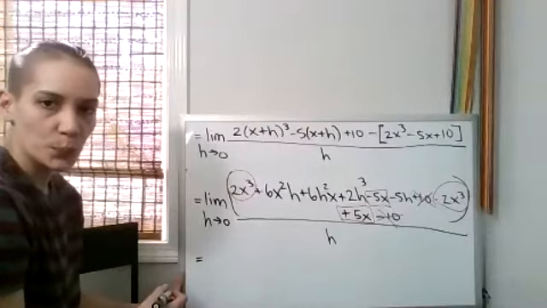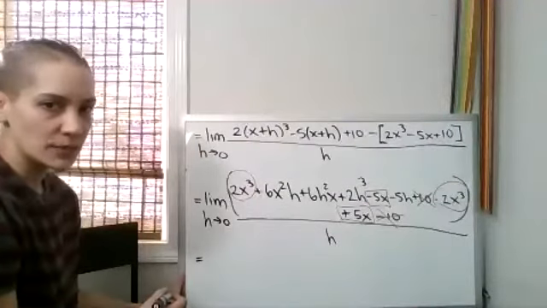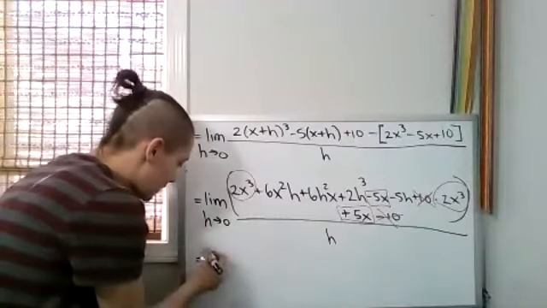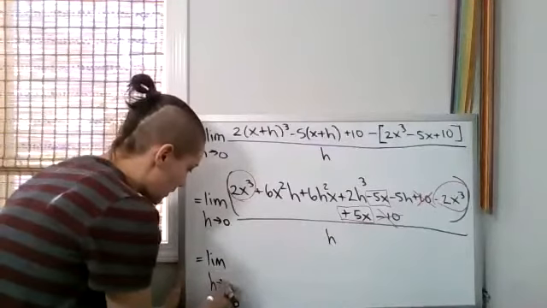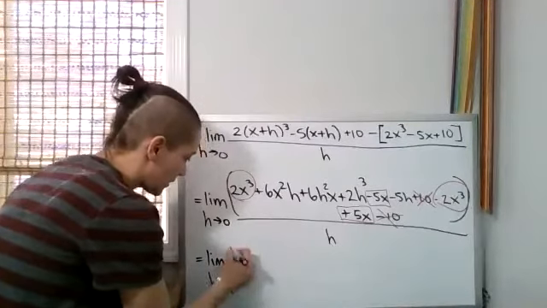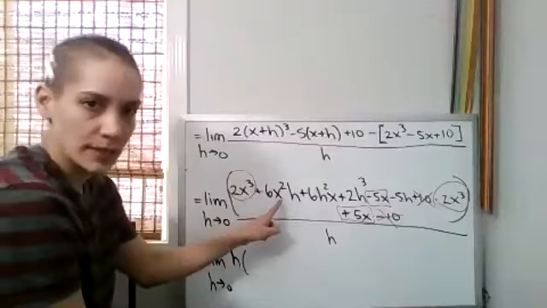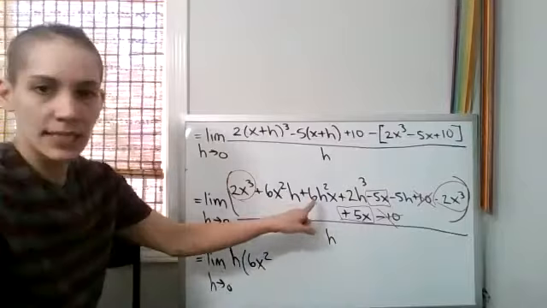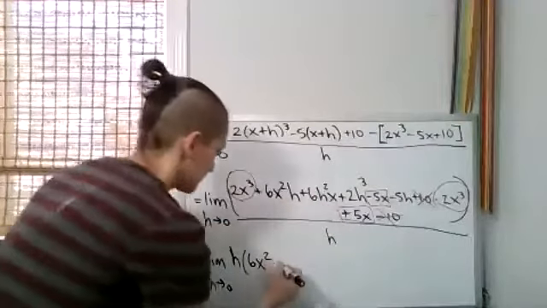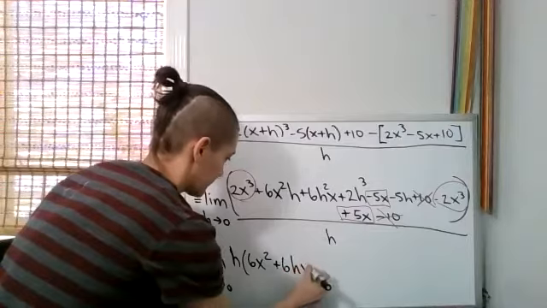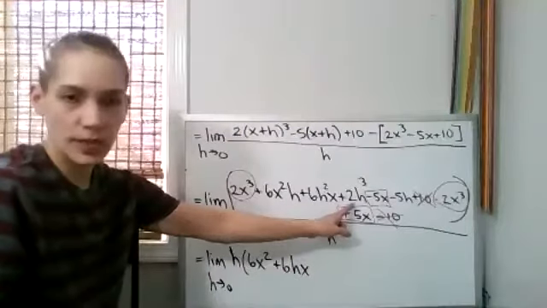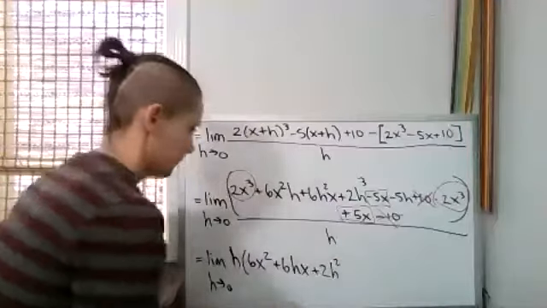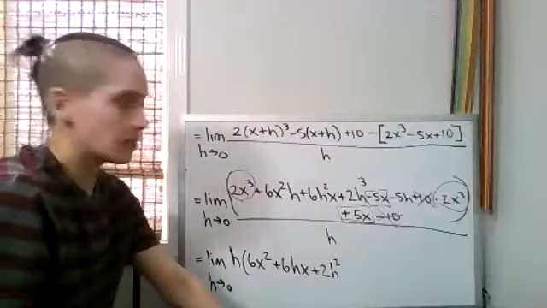All right, so from the pieces left over, we're going to factor out an h in the numerator and get the limit as h goes to 0 of h times 6x squared plus 6hx and then plus 2h squared minus 5.